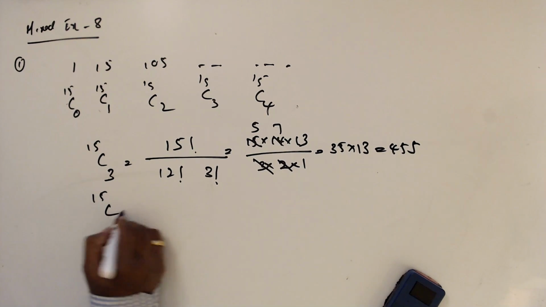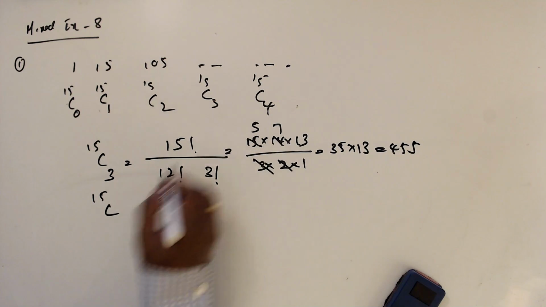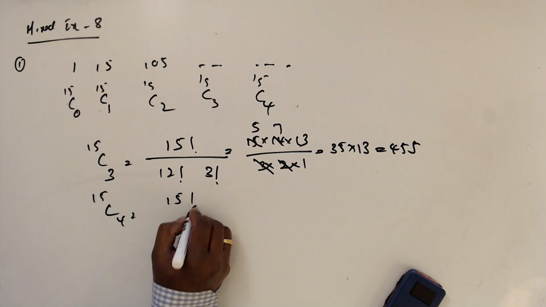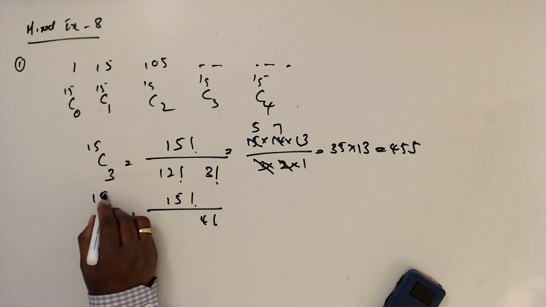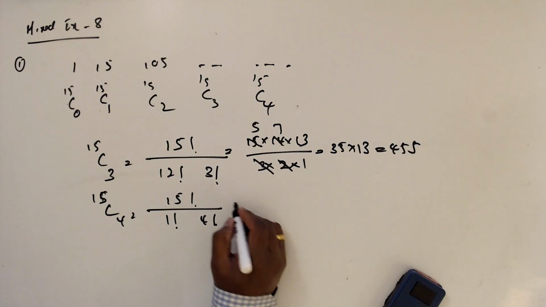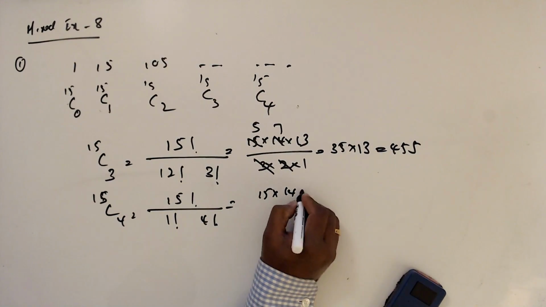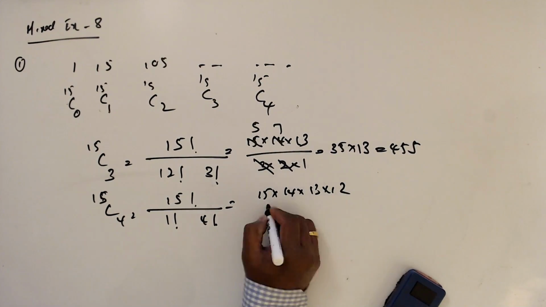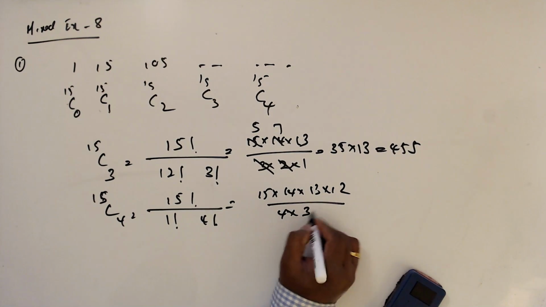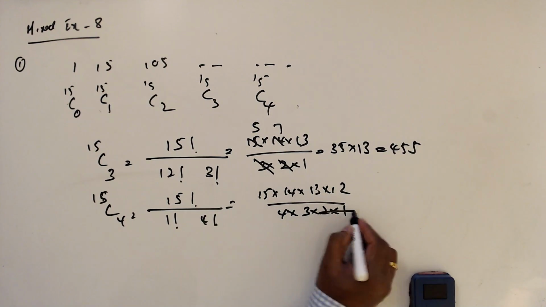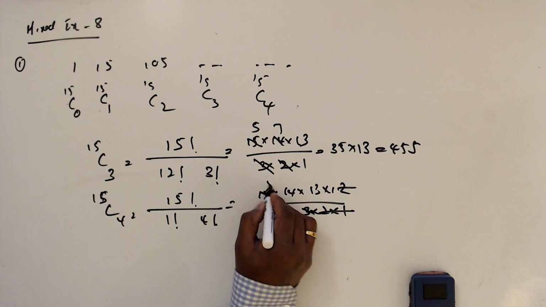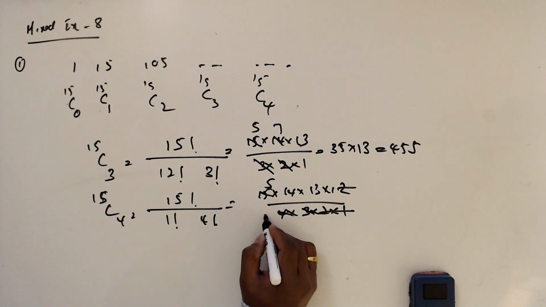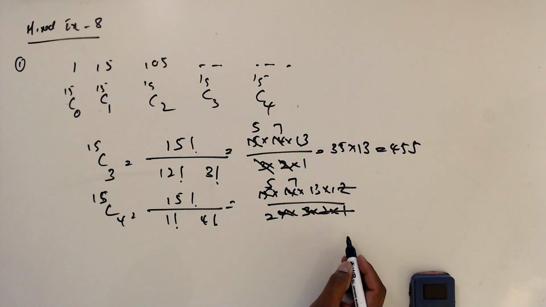Then 15C4 is factorial 15 over factorial 4, factorial 15 minus 4, 11. So 15, 14, 13, 12 divided by 4, 3, 2, 1. This is cancelled out. 3 times 1, 3 times 5, 2 times 2, 2 times 7.